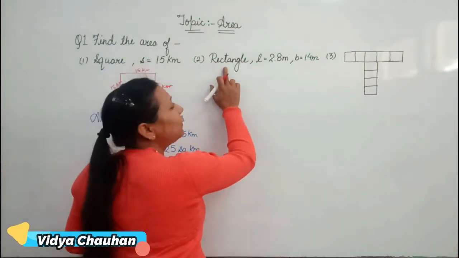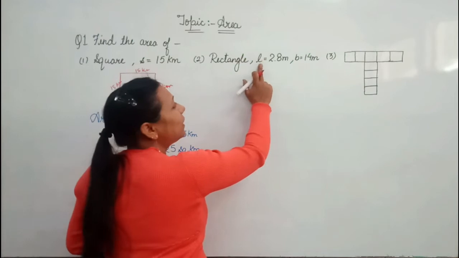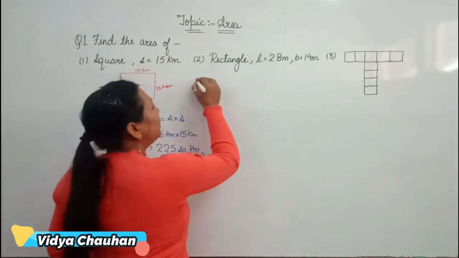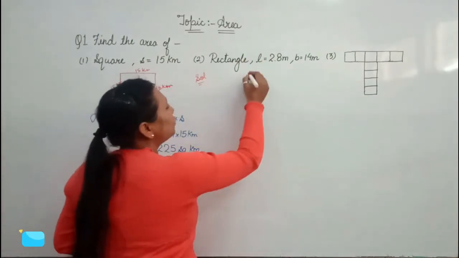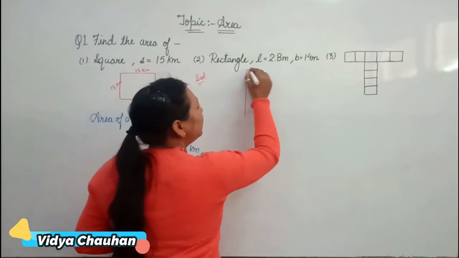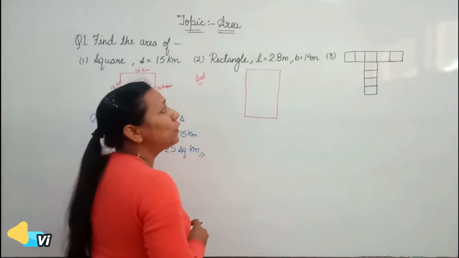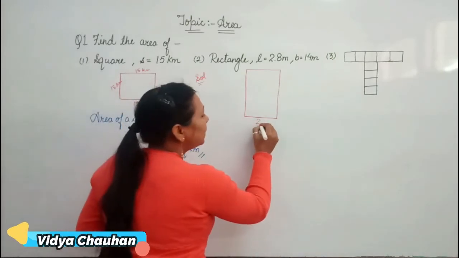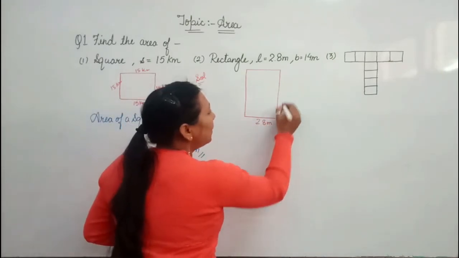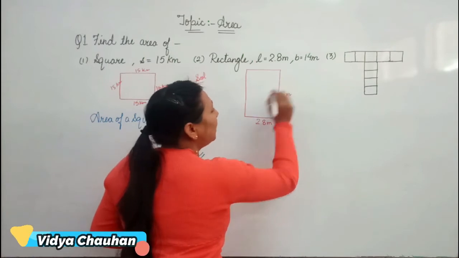In this second part, we have to find the area of a rectangle whose length and breadth is given to us. So let's check out its solution. The rectangle is in this shape whose length and breadth is given to us. The length is 2.8 meter and the breadth is 14 meter.